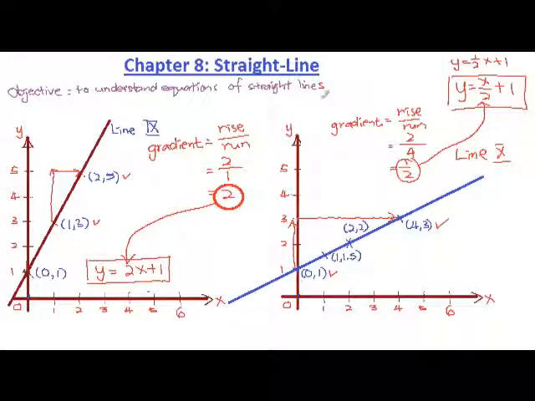So which means that in a straight line equation, we can read the gradient, which is always the coefficient of x term, and also we can read the y-intercept, which is the number term. So this is the relationship between gradient and the straight line equation.